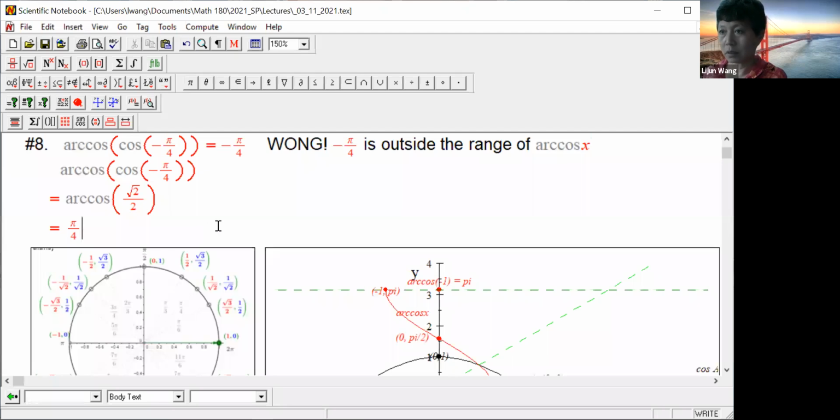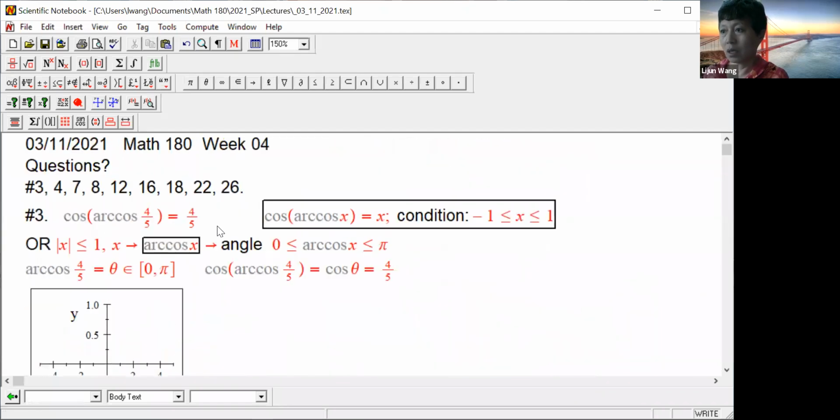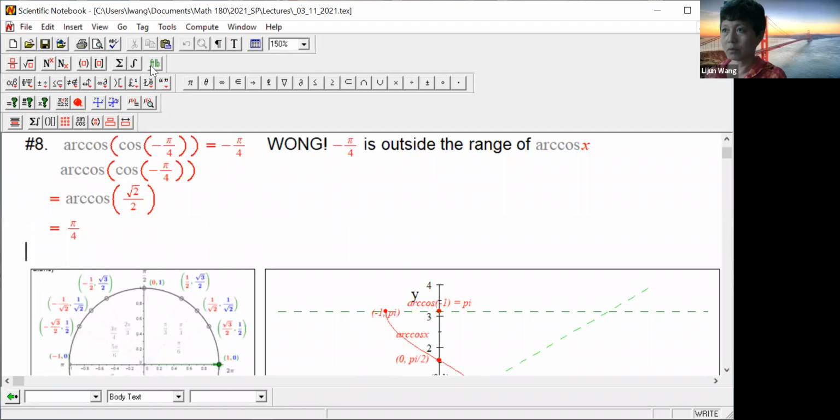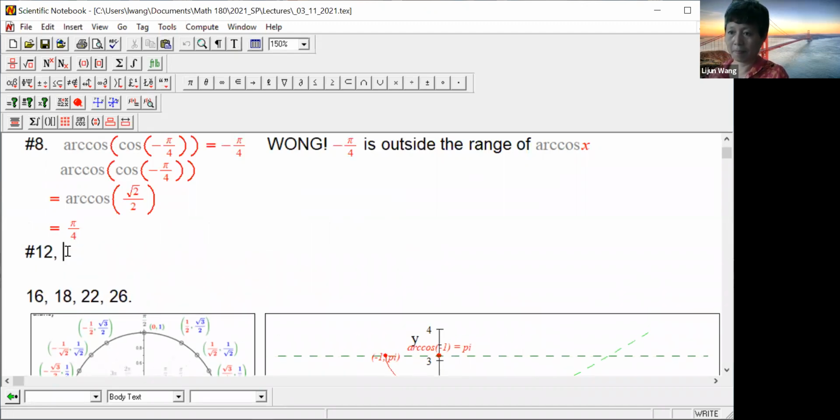That's number 8. We have 5 more. I'm going to do 1 or 2 of them, and let me do one to see if you will try the following.